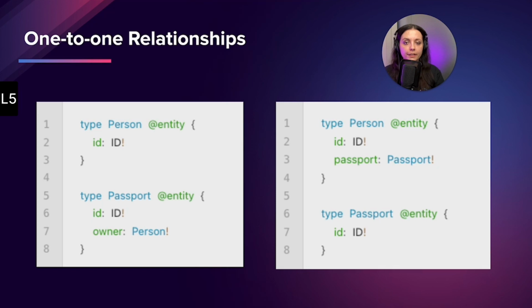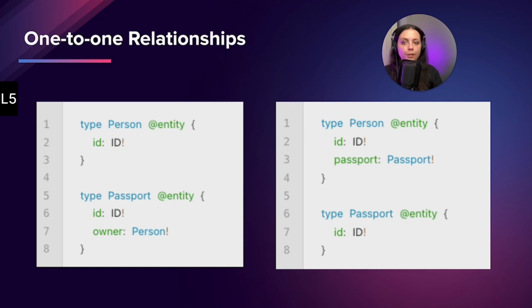You can define a relationship by using the name of another entity as the value of a field in an entity. In this case, for example, if we look at person and passport, we see exactly this relationship established when we used the entity name person as the field value within the passport entity.